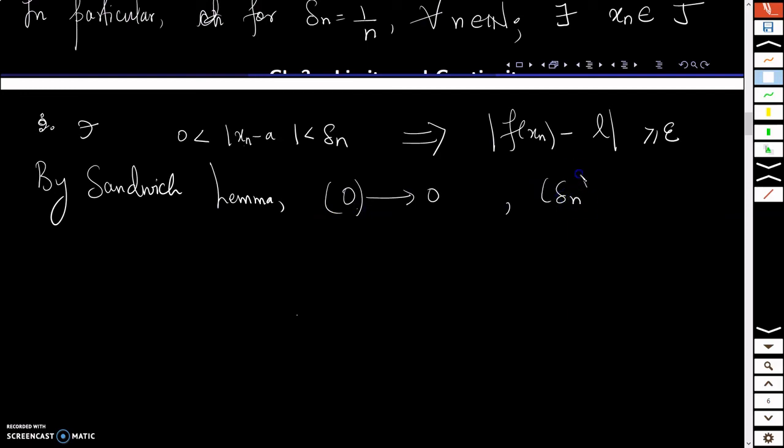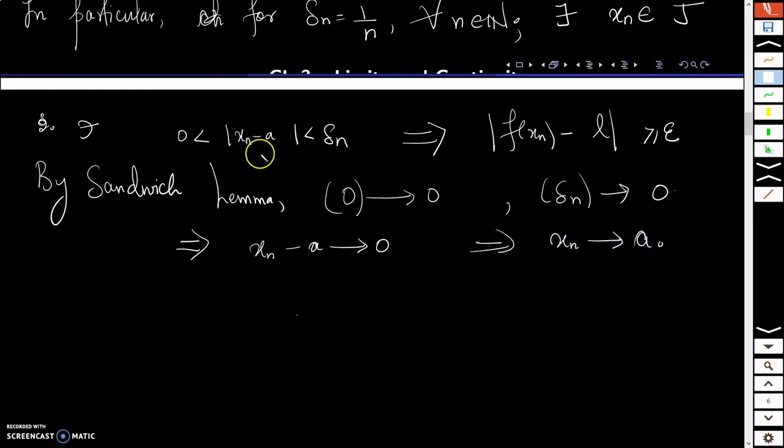What you can say about the sequence delta n is nothing but 1 by n. So that converges to 0. So these two converge to 0 and mod xn minus a is strictly lying between them. So mod xn minus a will also converge to 0, which implies xn converges to a. So this sequence of points xn which I obtained from here is converging to a.